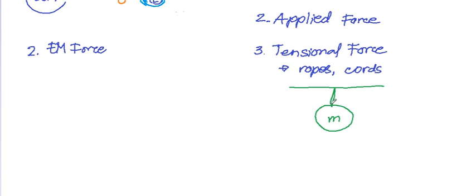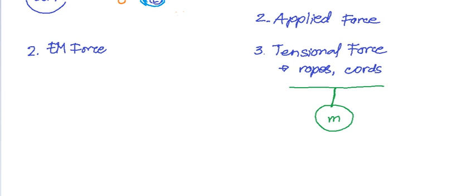We all know that if we hang an object, the rope will become straight or stretched. The force that supports this object so it does not fall down is a force found in the cord, and we call that the tensional force.